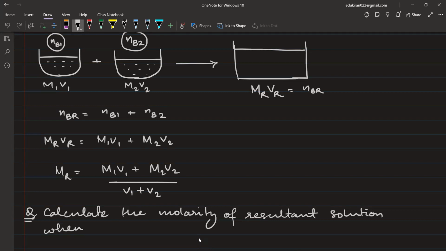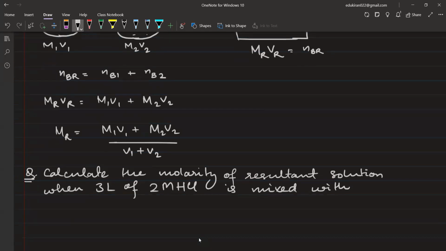Calculate the molarity of resultant solution when 3 liters of 2 molar HCl is mixed with 4 liters of 3 molar HCl. Send your answer in Zoom chat. So VR would be equal to V1 plus V2.